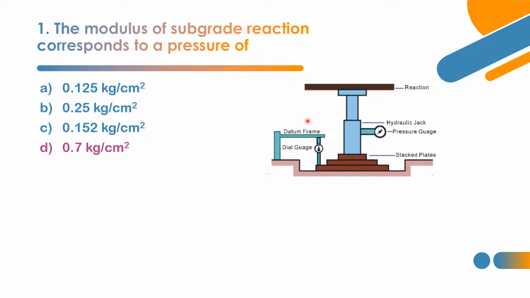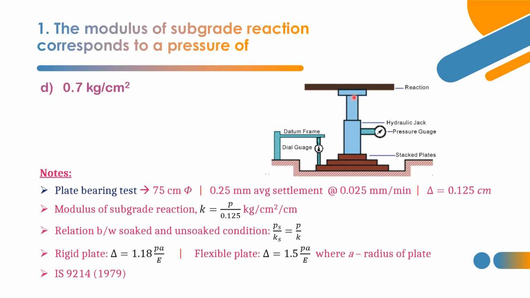So this is the plate load test setup, or we can also say plate bearing test. Here there will be stacked plates, and this is the hydraulic jack above which we are loading at a rate we shall see in the specifications.